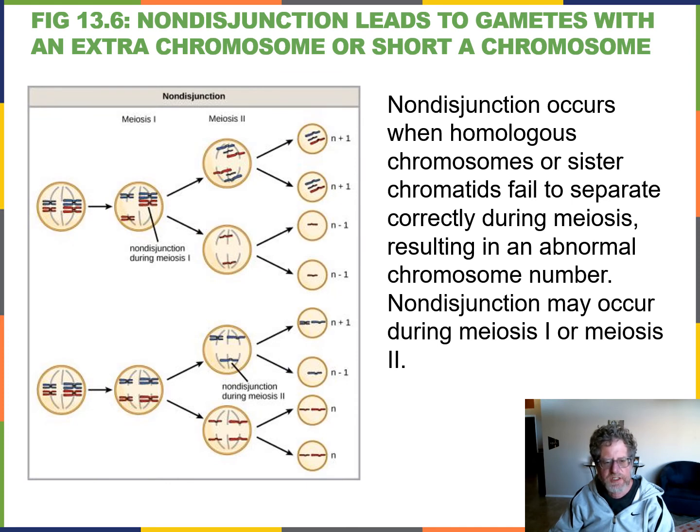Okay, a non-disjunction event. A non-disjunction is a failure during meiosis when the chromosomes don't separate. Either it can happen during meiosis 1, where a homologous pair doesn't separate. So here everything starts out right, and then you should have the homologous pair separating. So a big one and a small one on this side, a big one and a small one on this side. Look, here they separate correctly.